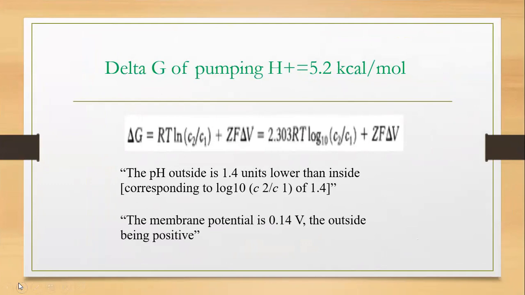So kasi aside from the conversion of ADP to ATP, meron kasing nangyayaring pumping of H+, no? Kaya meron pang ibang ginagamitan ng energy. Yung H+ natin, itatransfer from the matrix of the mitochondria papunta dun sa intermembrane space. Na-imagine nyo ba?